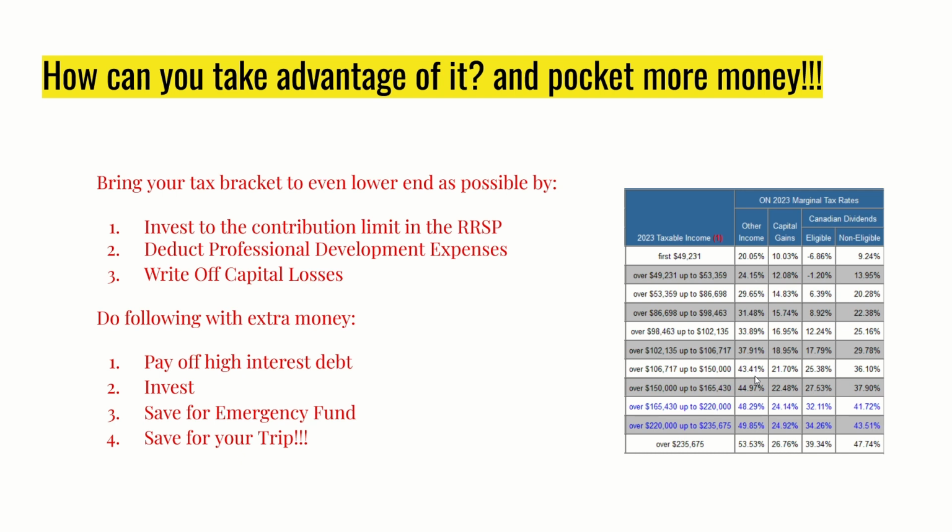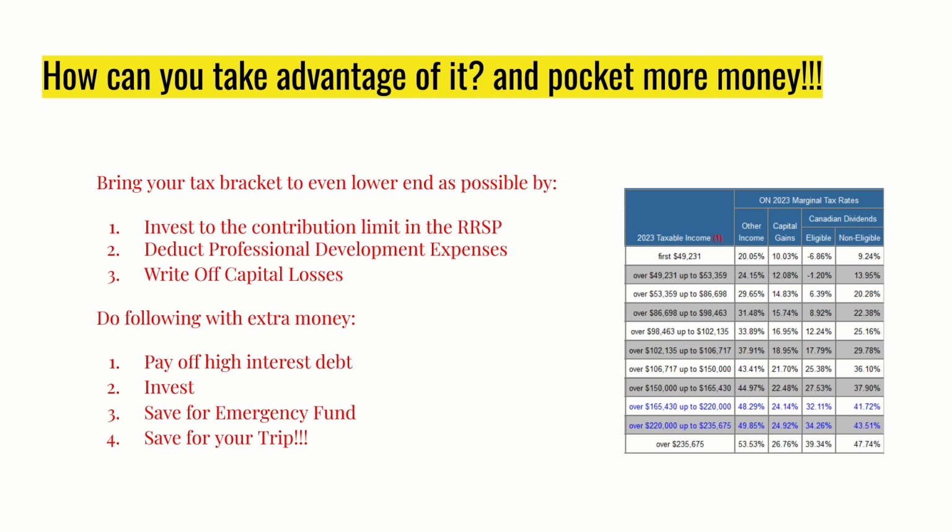You would be paying 43.44%, which is quite a bit. Now imagine if you have some room in RRSP to contribute, let's say $4,000. If you contribute that, right away you come into this lower tax bracket. That means you offset your tax bracket by even 6% more, which is a very good thing.